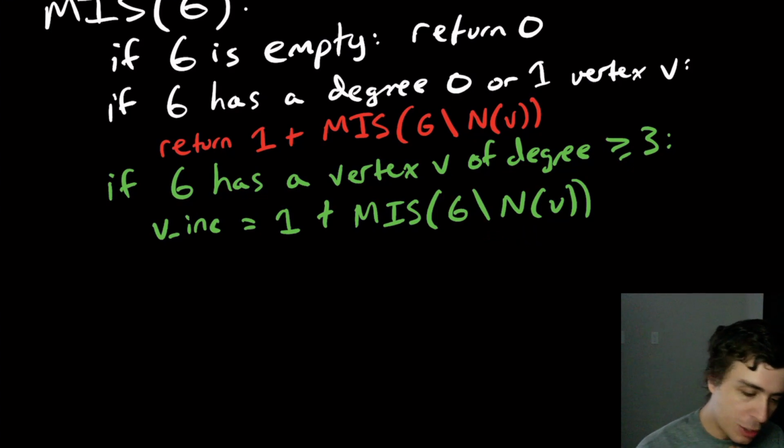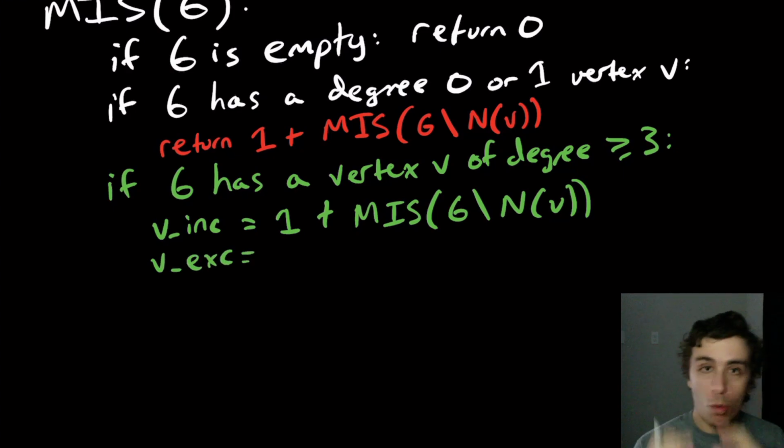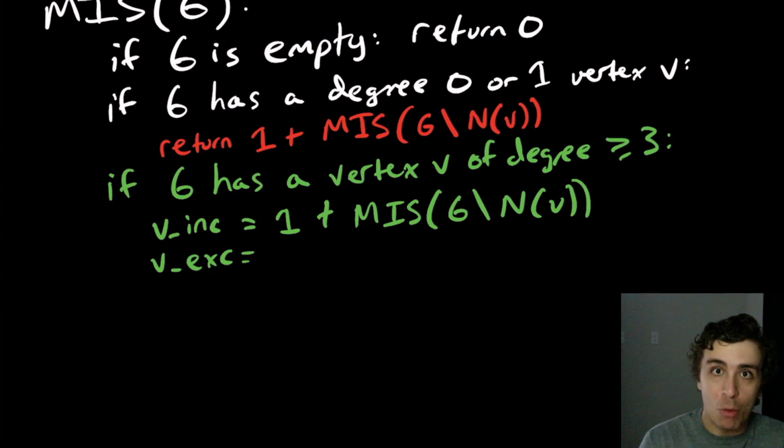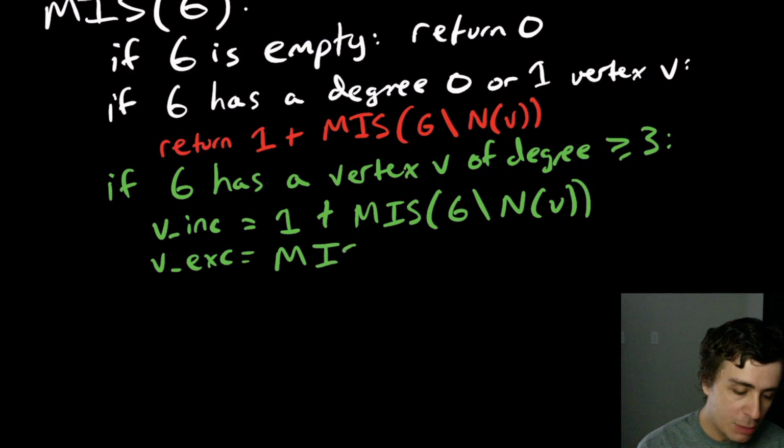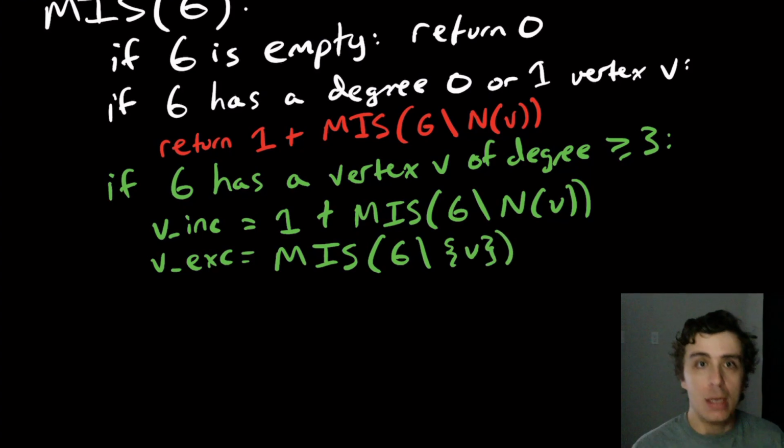And then what else can we do? Well, let's have V excluded. We're not including any vertex here. We're eliminating just that one vertex V, and that's going to be just calling maximum independent set size of G without V itself. I'm not deleting any of its neighbors because they may or may not be included.